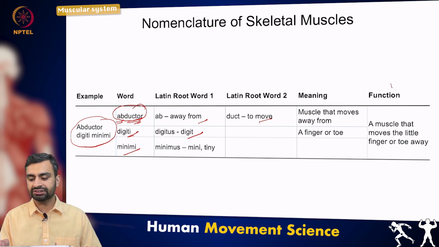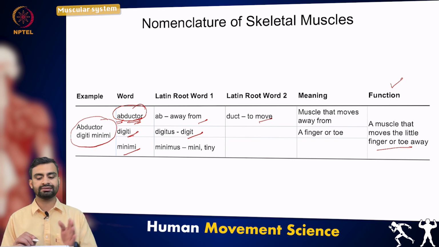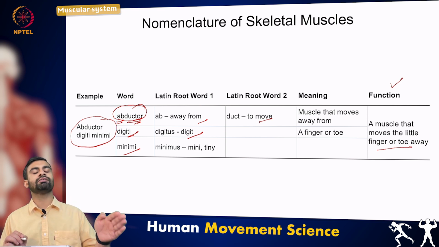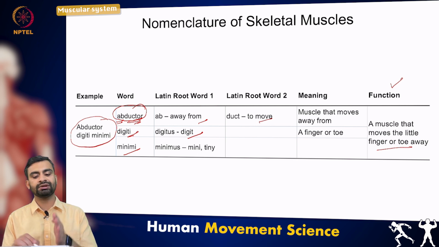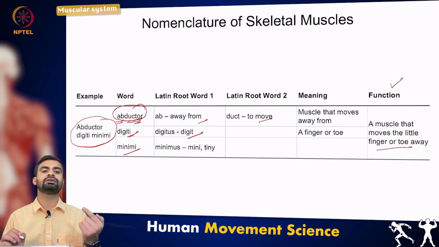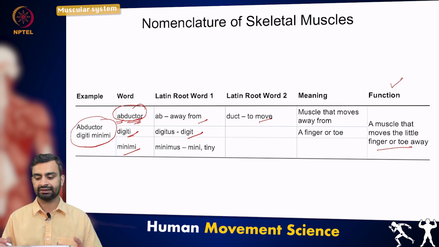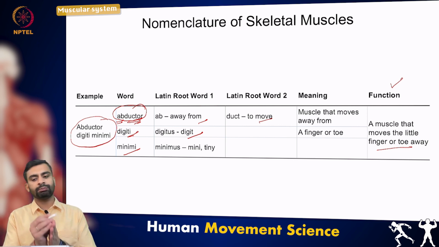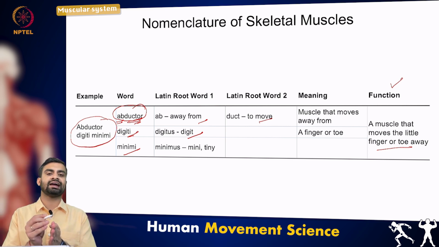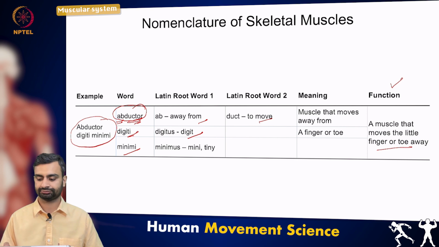So what function will that muscle perform? A muscle that moves the little finger or toe away. So abductor is moving away, digiti means digit, toe or finger, and minimi means minimum or tiny. In this way, it becomes a bit easier to understand the name and function of muscles in parallel.